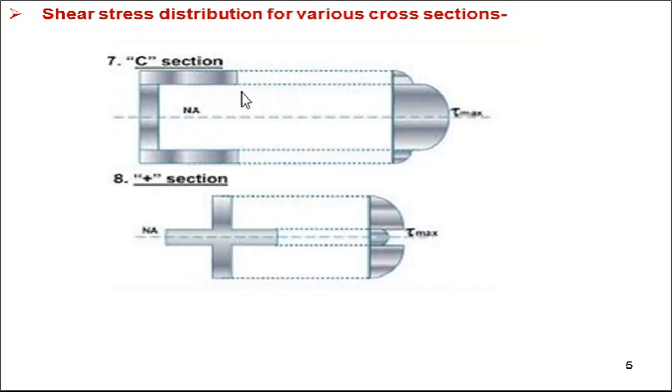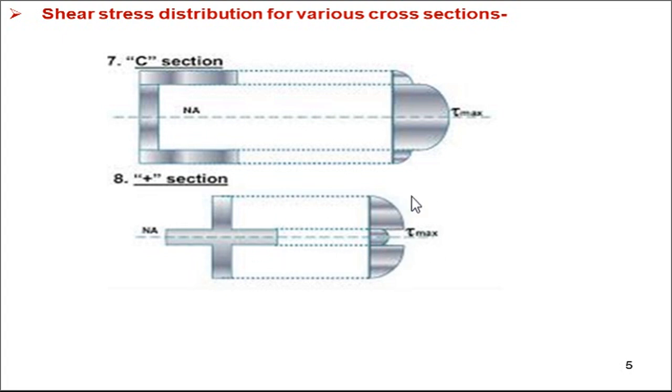Again, the shear stress distribution for other sections, suppose a C section. You already know that at the center there is a maximum shear stress, and this is a plus section. Obviously at the top it is 0, at the bottom also 0, and the maximum shear stress is located at the center.